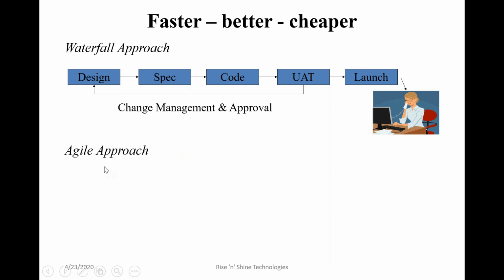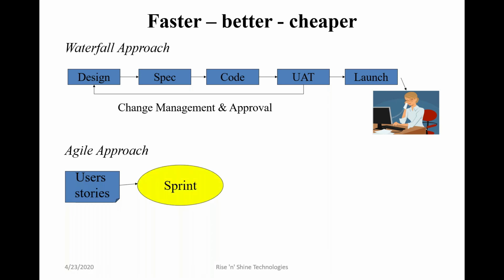Whereas in the agile approach, we don't plan everything as a single-shot launch to the client. We split the functionality into multiple stories, and the priority of each story is decided by the application team. We don't get involved in that, but just understand the process. Those user stories they have planned are created as sprints.